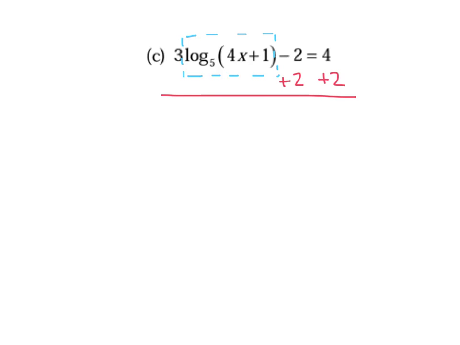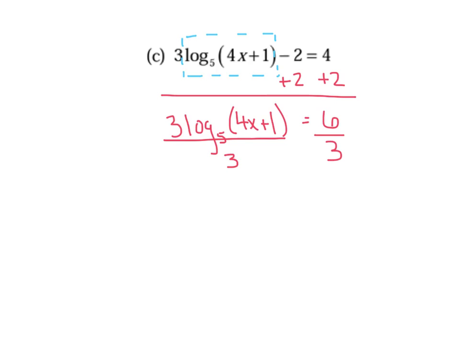Notice I'm moving the 2 before I worry about the 3. So I've got 3 times the log base 5 of 4x plus 1 equals 6. And then we'll divide both sides of the equation by 3 so that those numbers cancel. And we get log base 5 of the quantity 4x plus 1 equals 2.